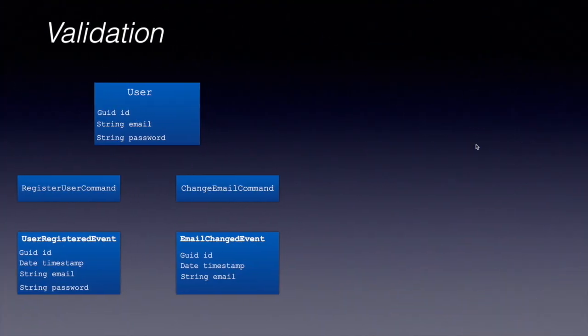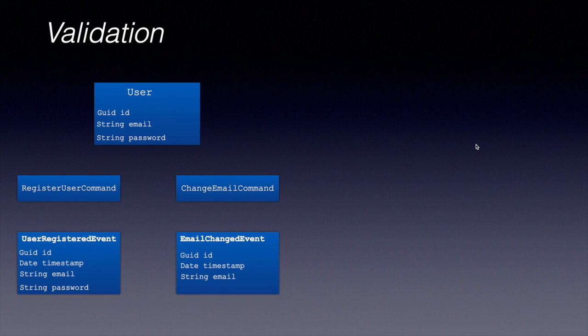For example, say a user has data like user ID, email and password. If the user wants to register himself in the system, we have the register user command, and once the user is registered, a user registered event will be inserted into your event store.